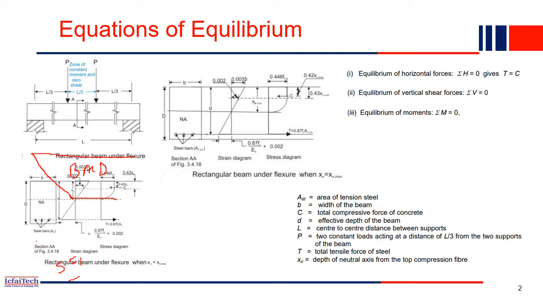Now let's discuss the next part, how to design. Now that we understand the shear force and bending moment diagram, the beam design will be different for the middle section and for the support section, because the bending moment is not uniform across the beam.